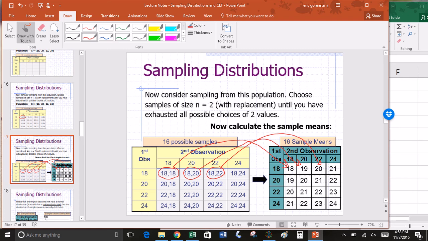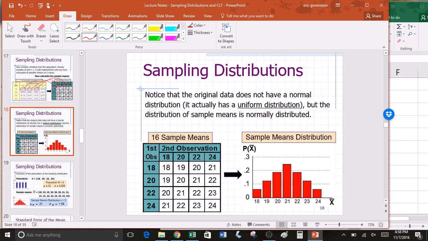So the original data had a uniform distribution, but the sample means have a normal distribution. There's 1 of these, there's 2 of these, there's 3 of these, and so on. So the probability of choosing an 18 from this list was 1 out of 16.